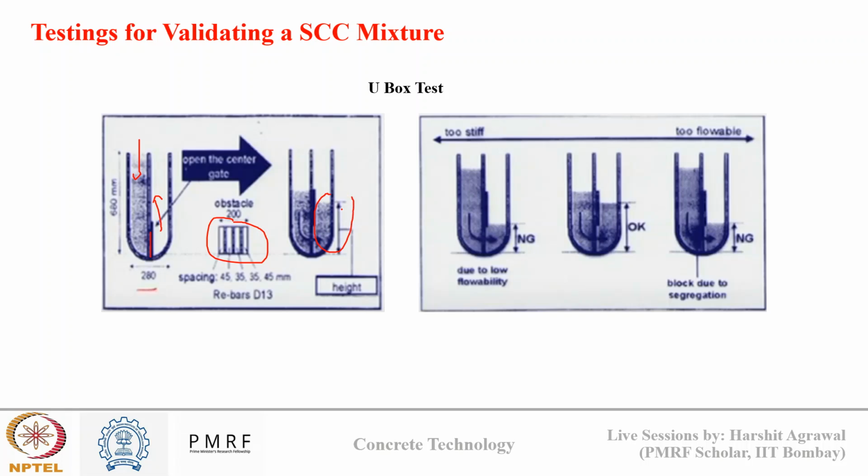Now based on the height of fill, we get an idea of the ability of concrete to flow. If it is able to fill only a small portion on the other half, we say it has low flowability. If the concrete is level on both sides, then it has okay flowability.